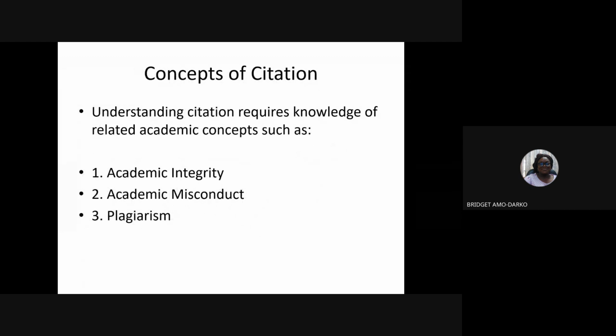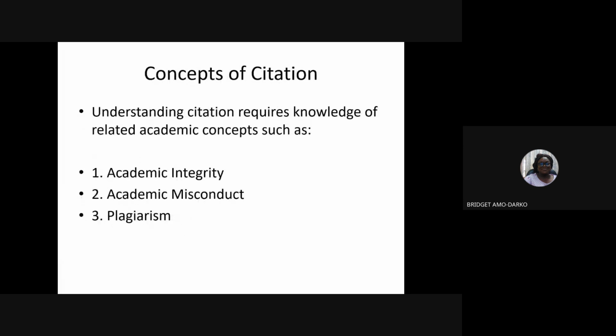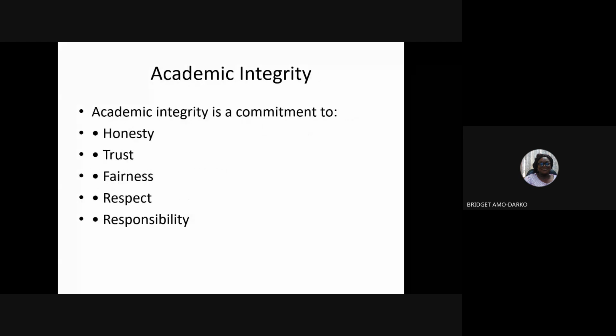Now let's move to section 5. Concept of citation. Understanding citation requires knowledge of related academic concepts, such as academic integrity, academic misconduct, and plagiarism. Now, let us look at academic integrity.